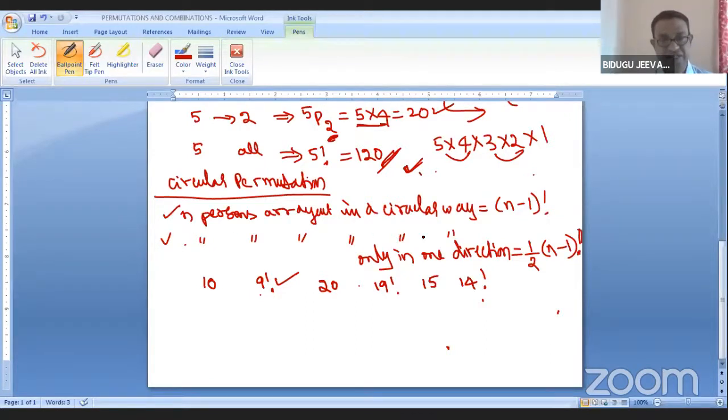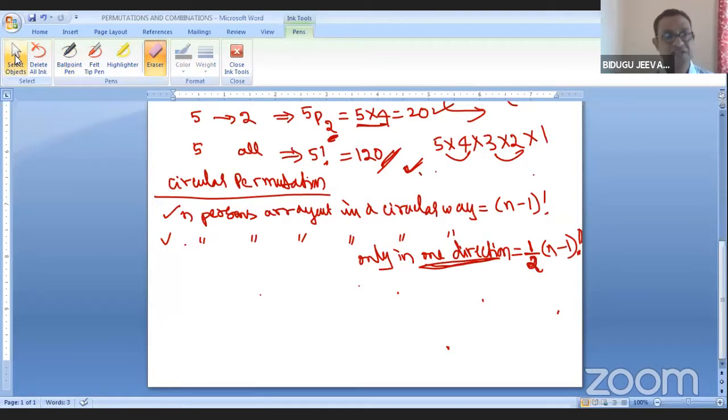Second point. N persons arrangement in a circular way, when one specific direction is given, you have to write half. Let me take one example clearly. See, I have 20 people. I want to arrange in a circular way.